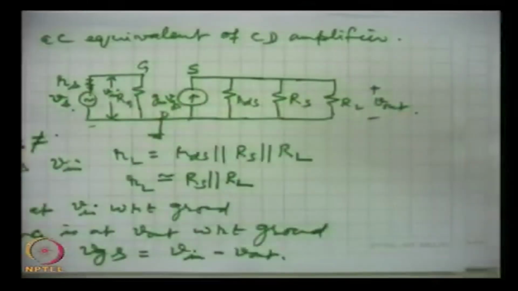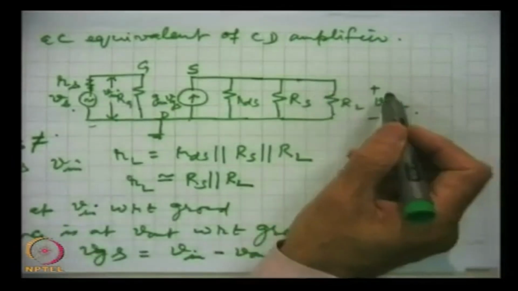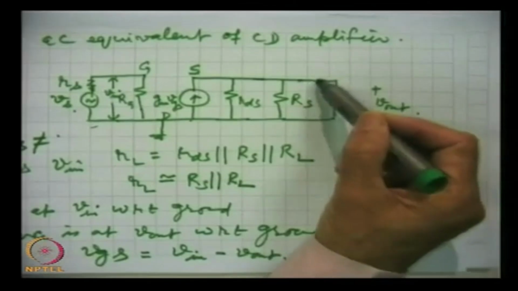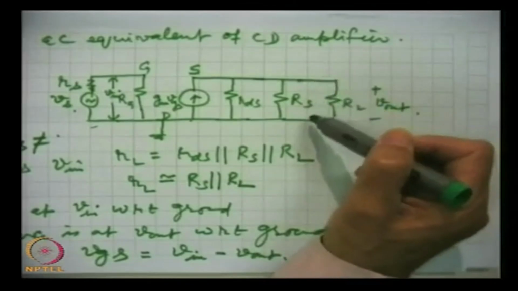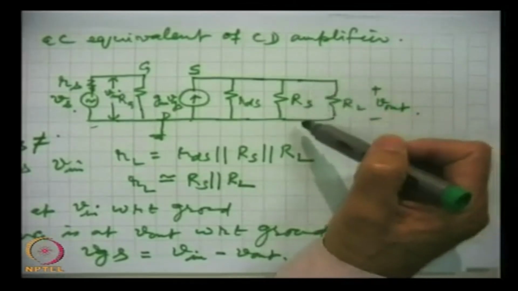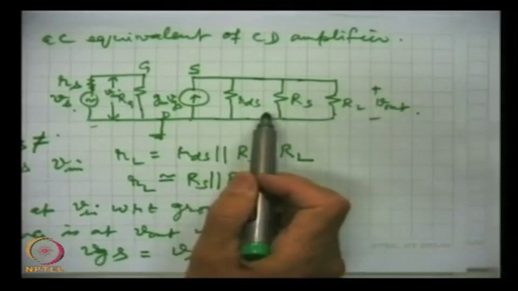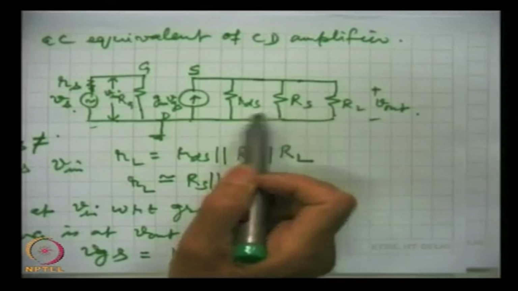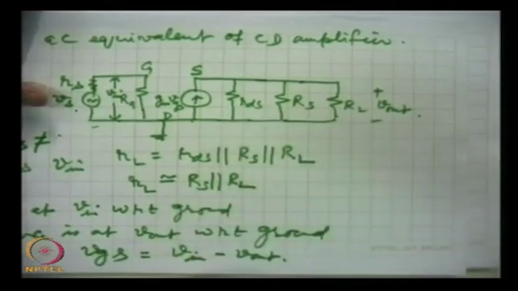This is the general practice, and always this is done, that RL is to be taken out. Then what will be the impedance which we will get at the output, that means between source and drain, and this is simply these two resistances. This is the drain source resistance and this is the source resistance. So, the two in parallel.